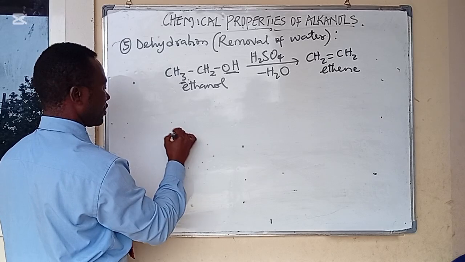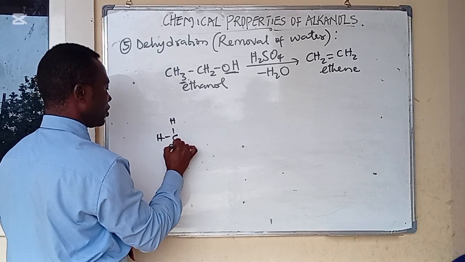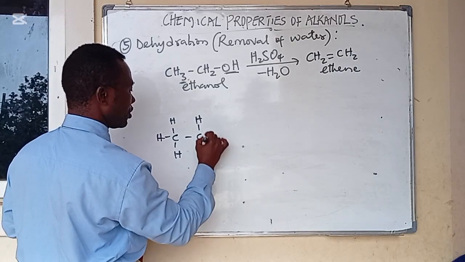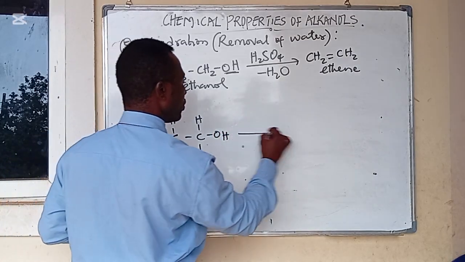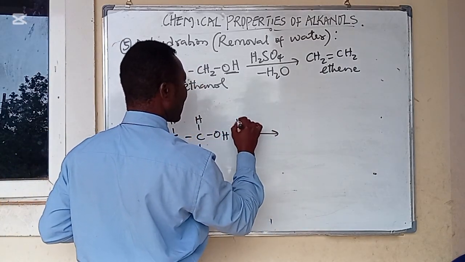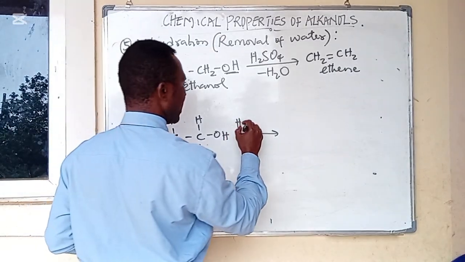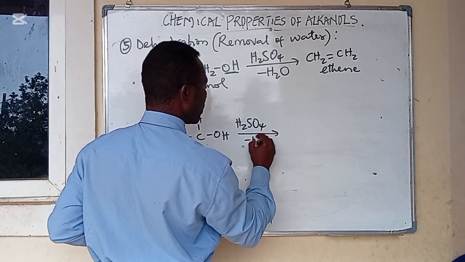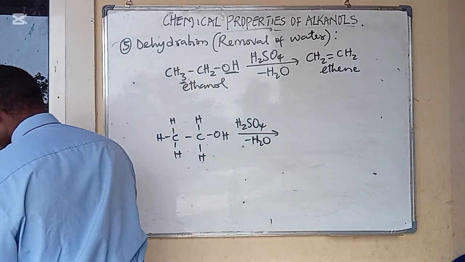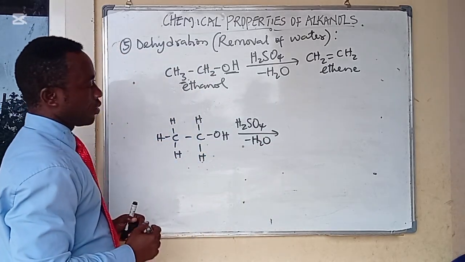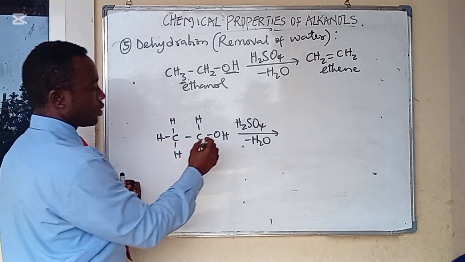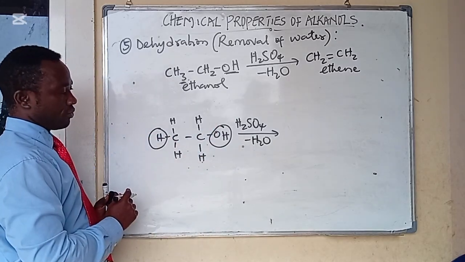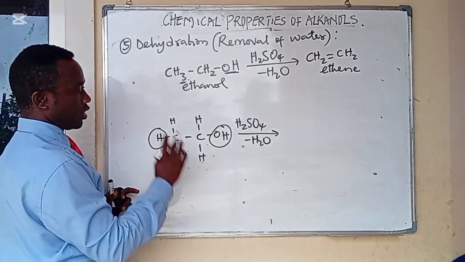Look at what we have here: H, CH, H, then OH. So you have the dehydrating agent H2SO4, minus H2O. So now, OH will go from this, while one hydrogen will go from this to give you water.